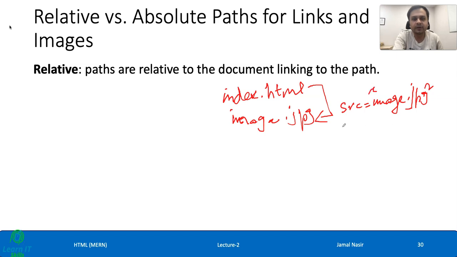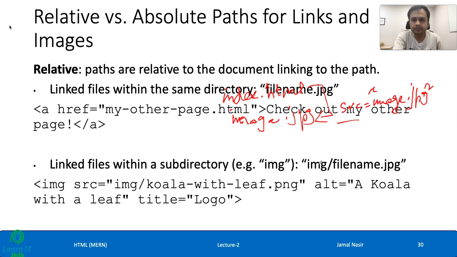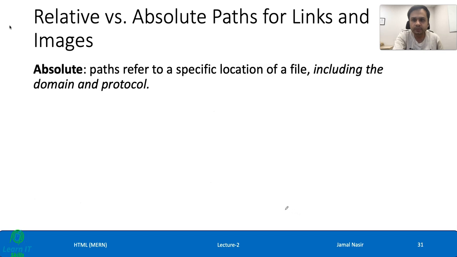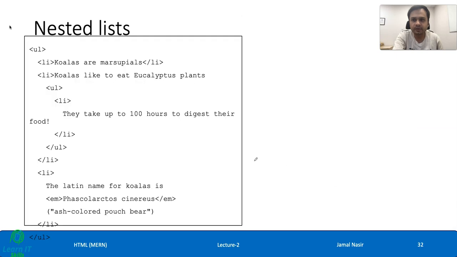This is relative. But if you are using some source from, let's suppose, bbc.com, then you have to provide an absolute path. Or if you are providing some link like we saw in the previous slide, it was an absolute path. Subdirectories and all that stuff you can give. For absolute, we have seen this example of BBC.